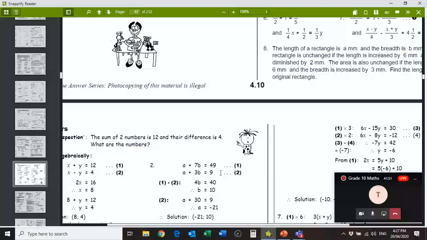Just remember that. Now I've eliminated A, so my objective 1 has been met. Now I want to get my B alone. We said 7B minus 3B is 4B.